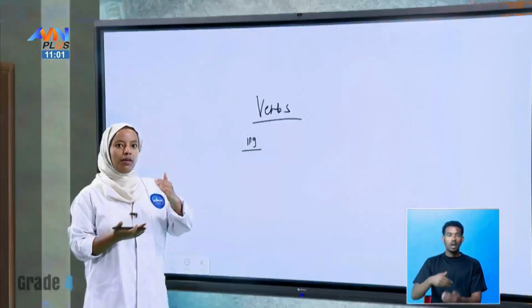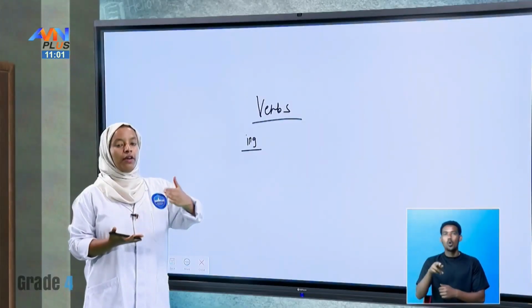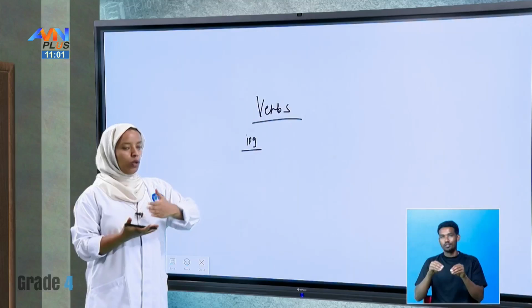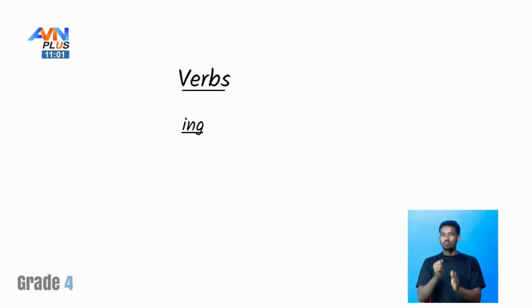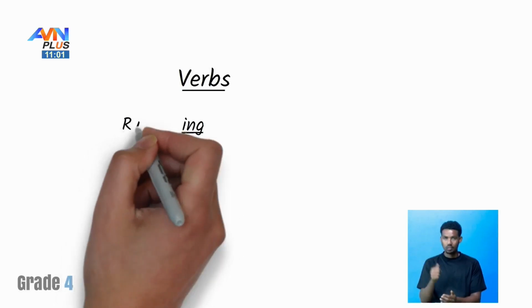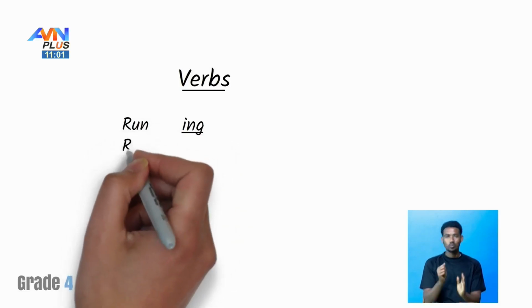After the main verb or an action verb, we just add ing. For example, run, we can make it running.